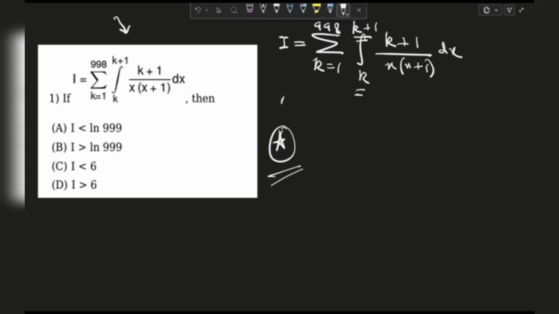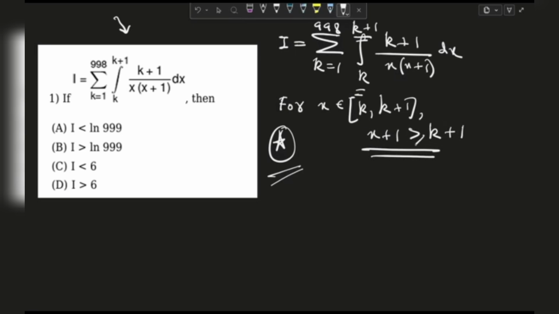So let's define something. x here belongs to [k, k plus 1], because the integral is in dx. So for x belonging to [k, k plus 1], if we observe carefully, our x plus 1 will be greater than or equal to k plus 1. I hope this is understandable. Like, x plus 1 will be greater than or equal to k plus 1.